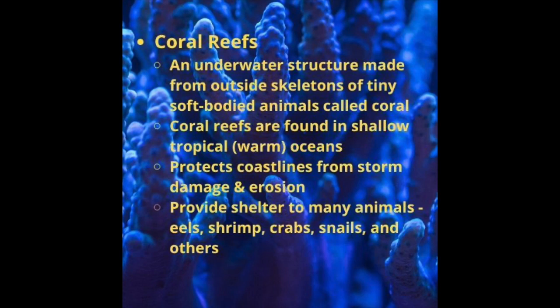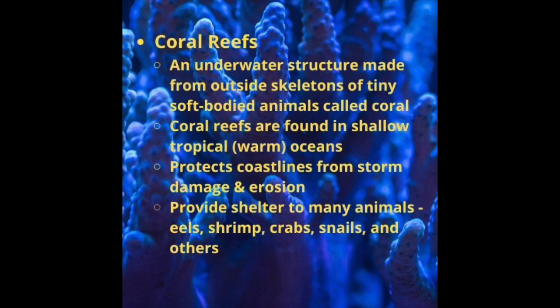The coral reef ecosystem is our last ecosystem for the day, and it's also a saltwater ecosystem, and it is by far my favorite of the things that we've talked about today, simply because it is so beautiful. It is found in tropical waters, which are warm waters, and it is an underwater structure made from the outside skeletons of tiny soft-bodied animals that are called coral.